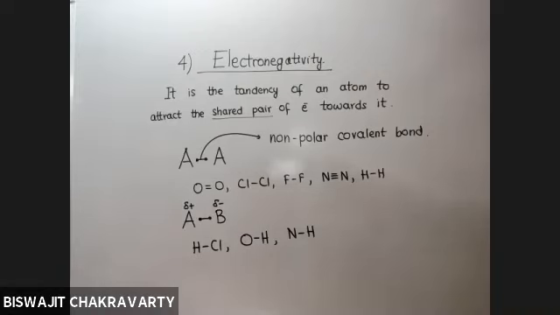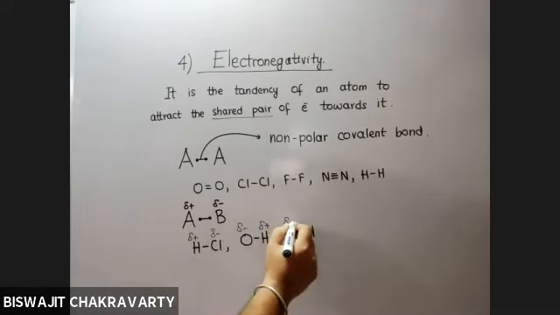Yes, sir. So therefore, delta minus on chlorine, delta plus on H. Who is more electronegative out of oxygen and hydrogen? Delta minus on O, delta plus on H. Who is more electronegative, nitrogen and this one?